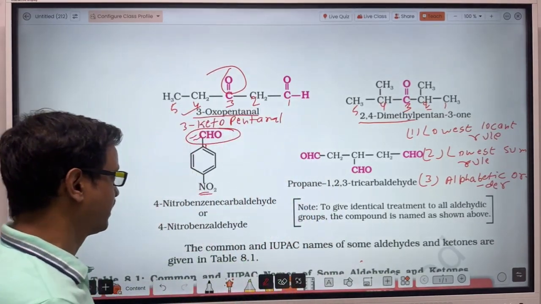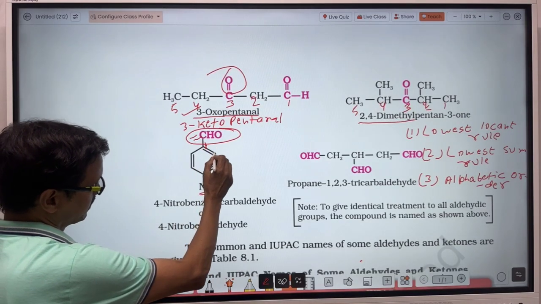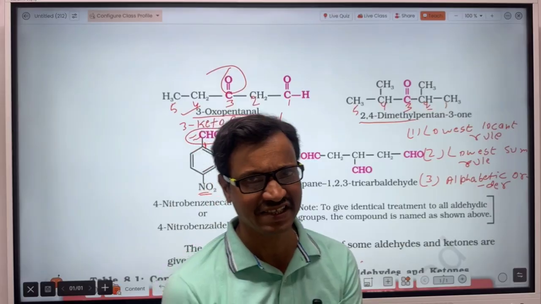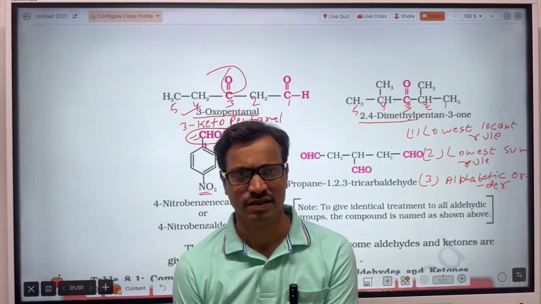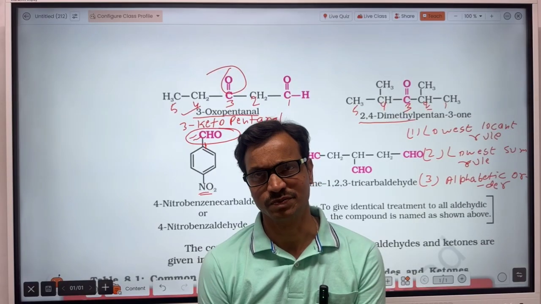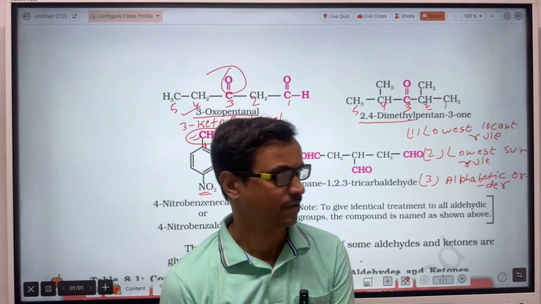So the carbon atom to which the CHO is bonded will get first position, and then you will have to do numbering in clockwise or anti-clockwise in such a way that the other functional group or any substituent will get the lowest position.